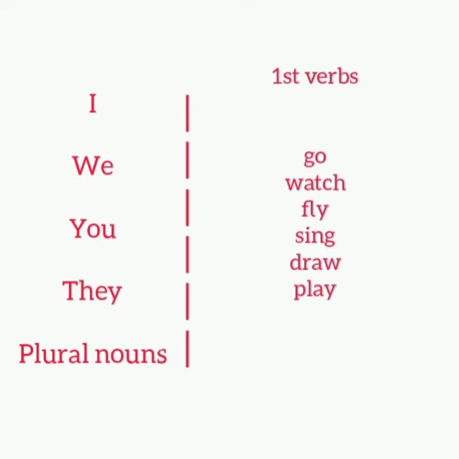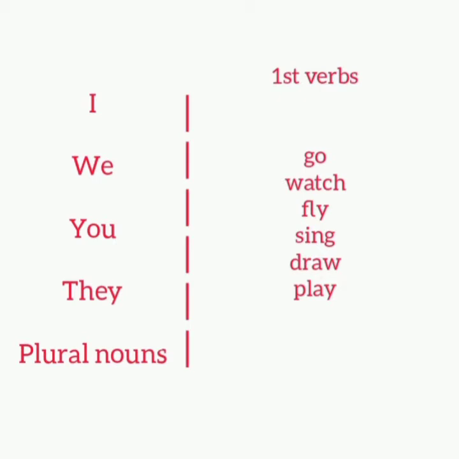When we want to use the first form of verbs with persons like I, we, you, they, or any plural noun, we don't need to make a change or add any letters to the first form of the verb. We can use the verbs in its original form. For example, I go, we go, you go, they go.